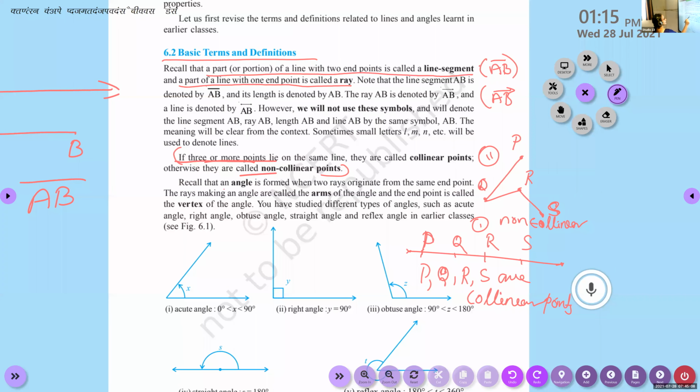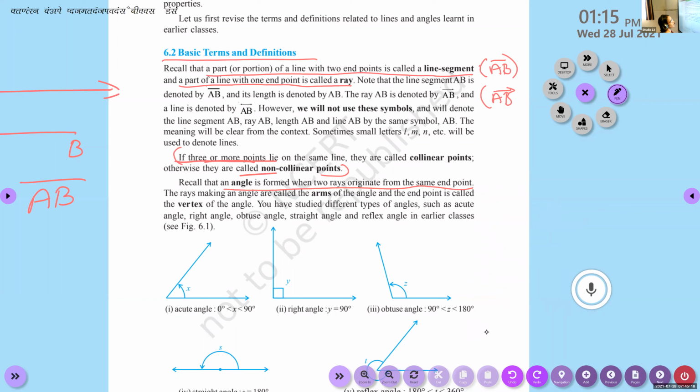So we can write: an angle is formed when two rays originate from the same point. Their endpoint is the same.